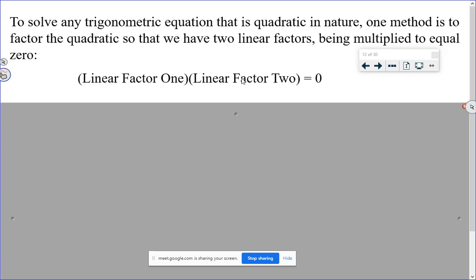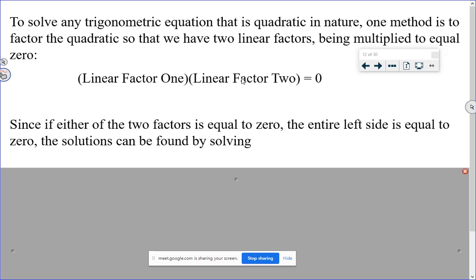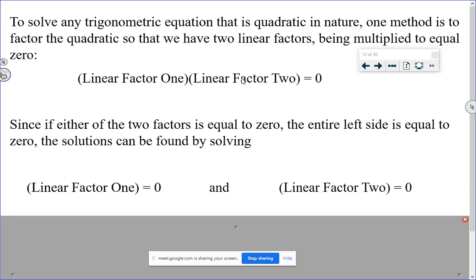But once you do factor it, the first linear factor, set equal to 0, will give you solutions, and linear factor 2 will give you solutions. The equations we solved yesterday are these. This is a basic trigonometric equation. This is a basic trigonometric equation. And those basic trigonometric equations from yesterday had multiple solutions. Some of them had two locations that made it true.